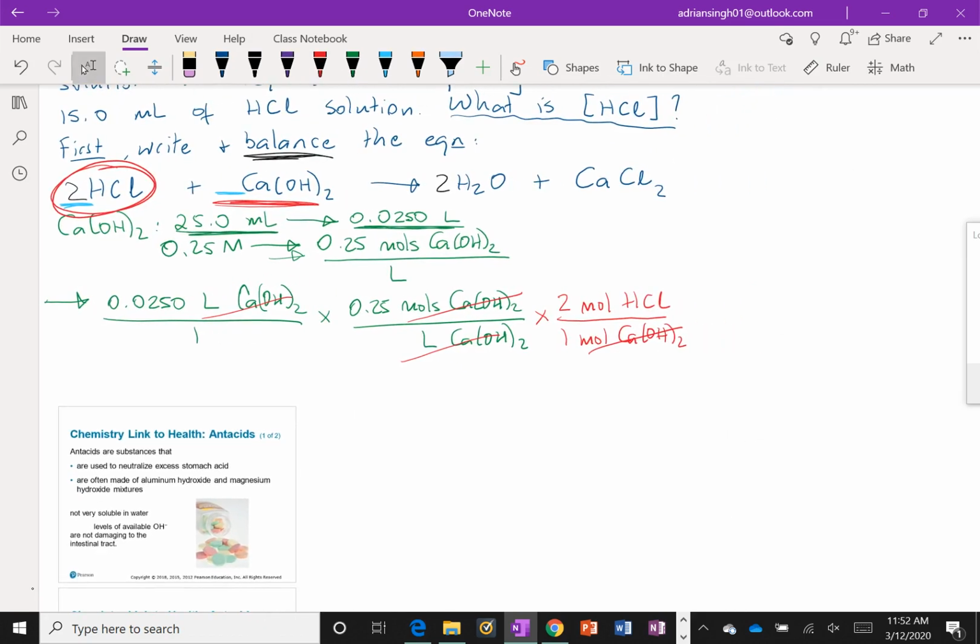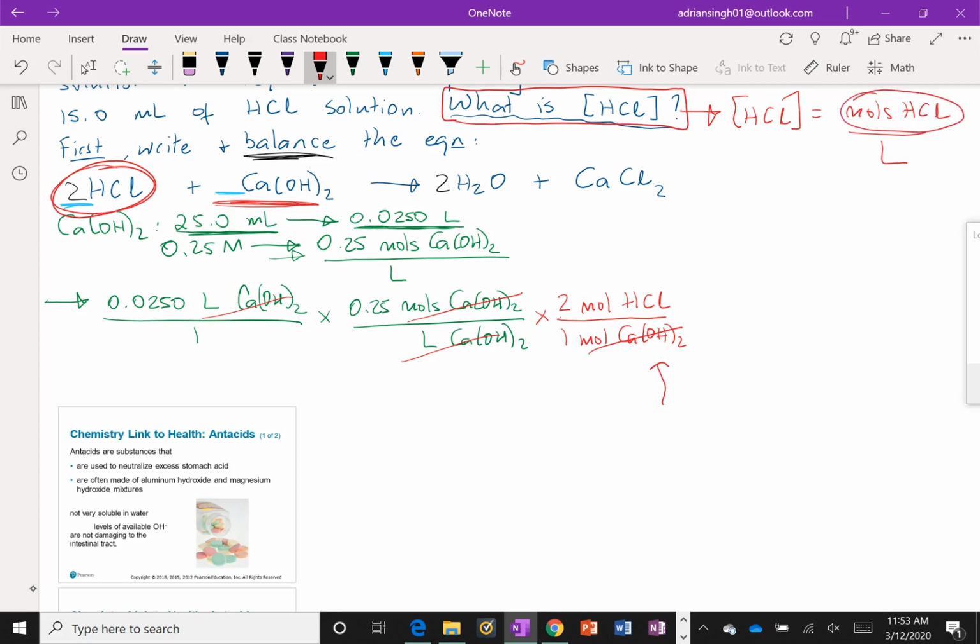What is it that we needed to find? We needed to find the concentration of HCl. And remember, the concentration in square brackets means moles of HCl per liter of solution. So up to this point, we've just found the moles of hydrochloric acid. We then need to divide it by the liters. Well, do we know how many liters of HCl was used?